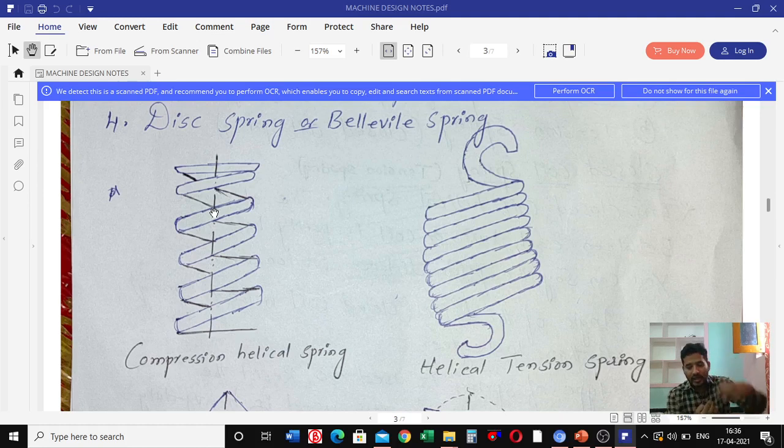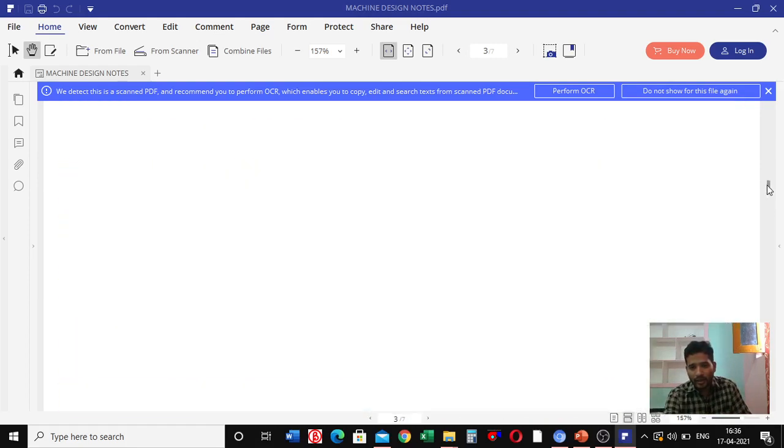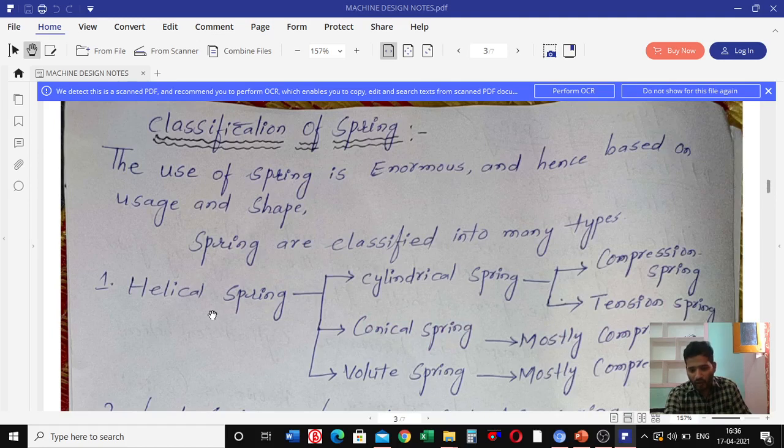Is it right? The first category is known as cylindrical spring or cylindrical helical spring, whereas the second category is known as conical and volute spring.